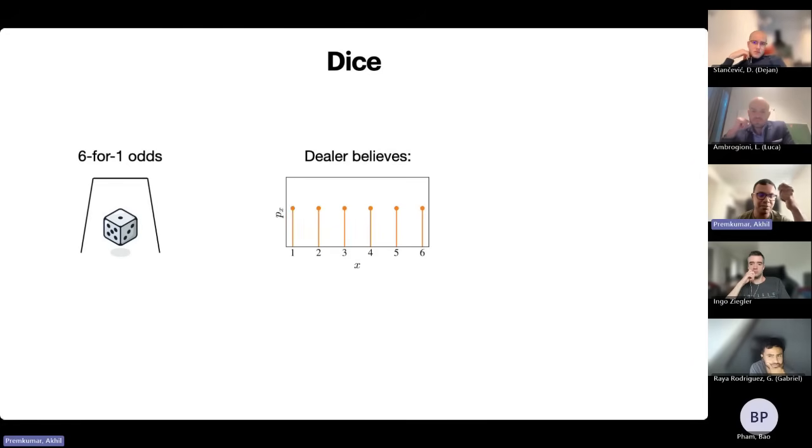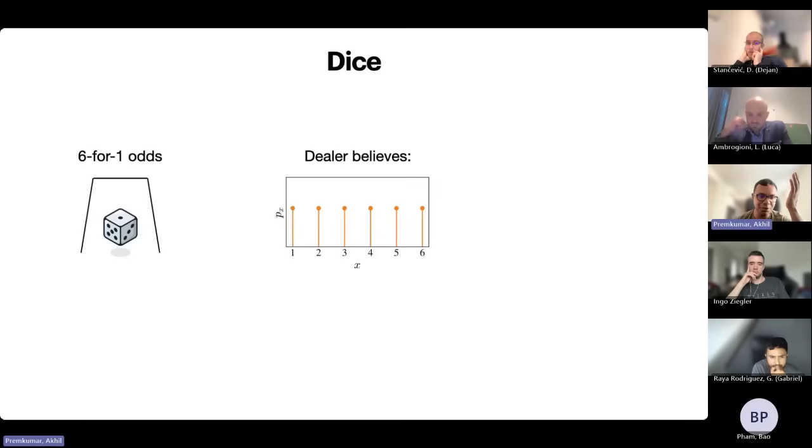That means if you place $1 and you win, you get $6. This is called fair odds, because if you place a bet on each of the possible outcomes, you spend $6, and one of those outcomes will appear and you gain $6, so you break even.